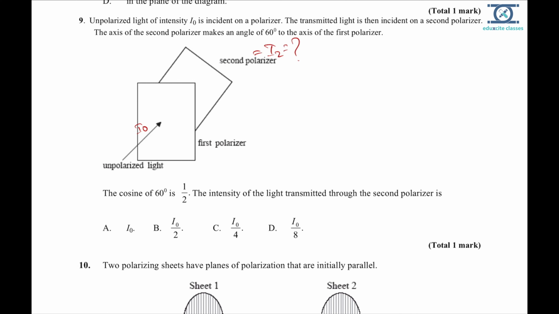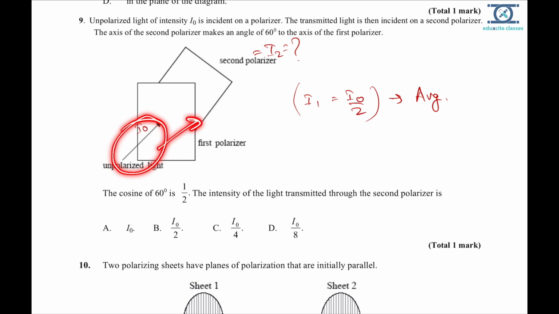So this is I0. After passing through the first polarizer, let us say the intensity is I1. So I1 will be what? I0 by 2, taking the average. Always remember, if an unpolarized light is passing through the first polarizer, the intensity will be half of the incident intensity. Now this I2 will be, using Malus law, I1 cos square theta.